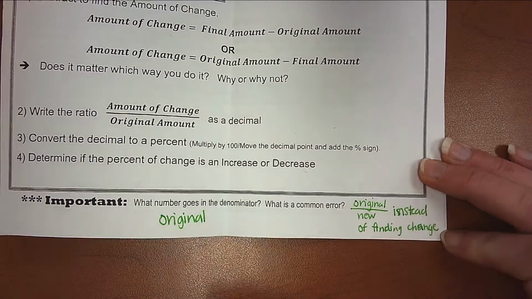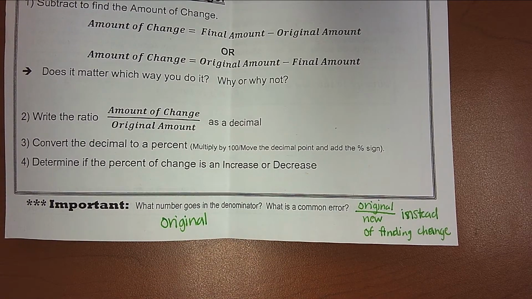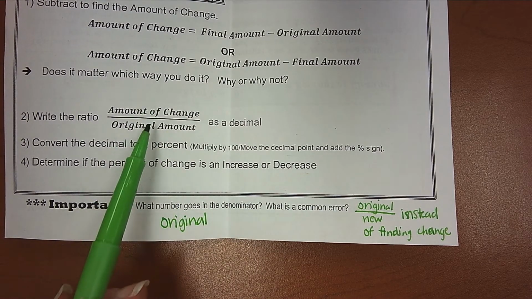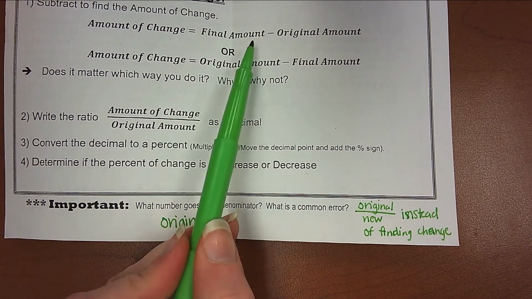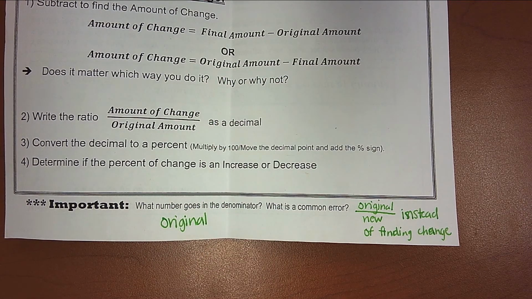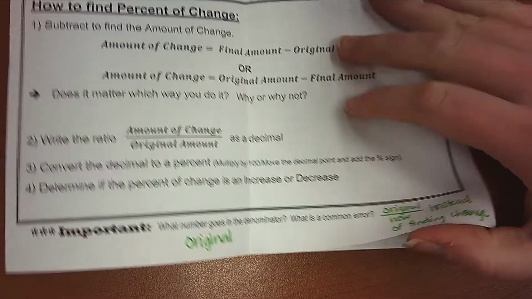It's just a really common mistake that we see as teachers. Instead of putting the amount of change over the original, people want to put the original over the new and just divide before they subtract to find the amount of change and then divide. So they kind of miss that first step of actually finding the change.